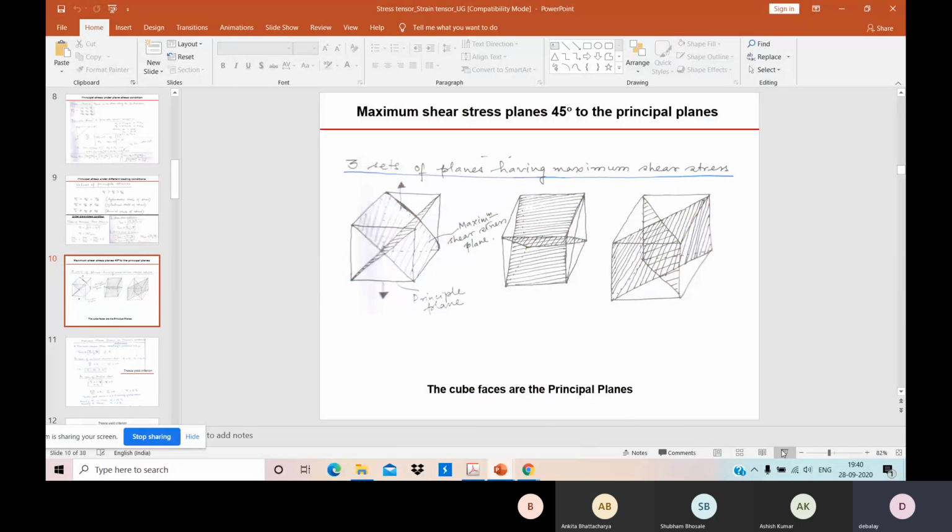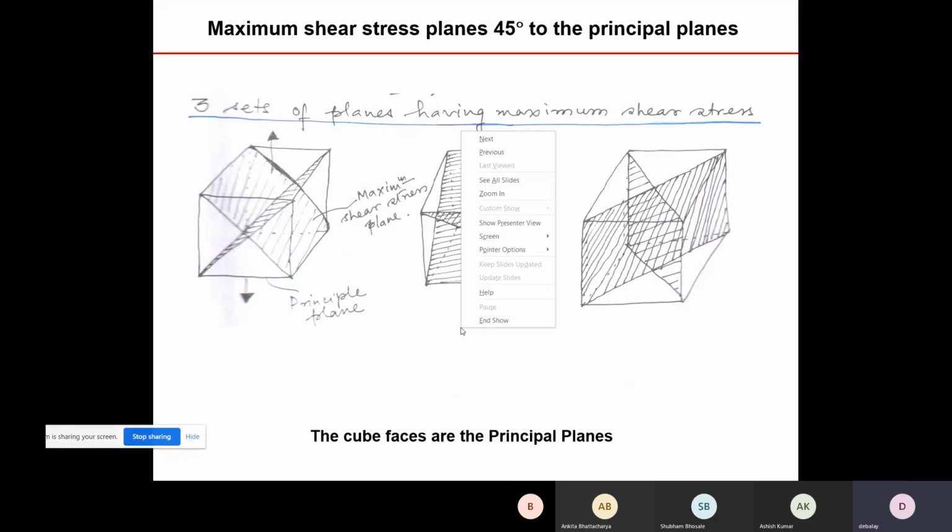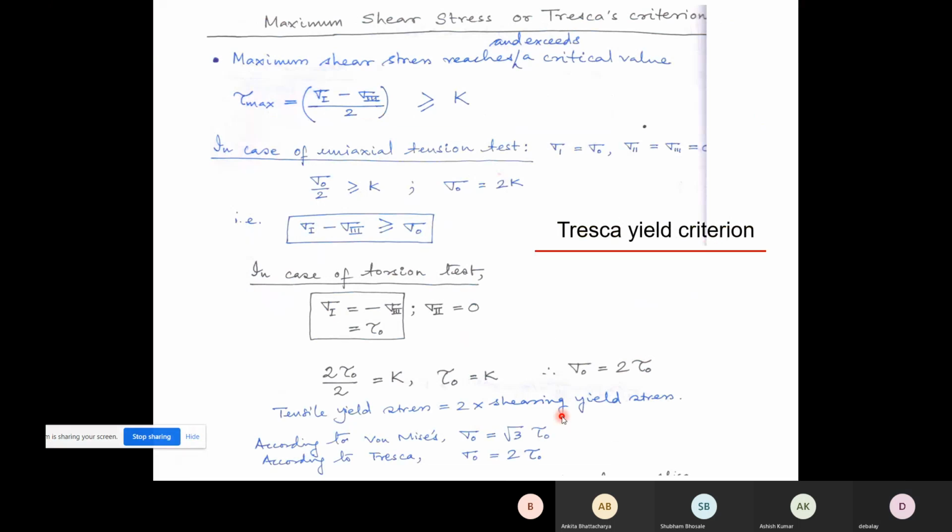Coming back to the presentation, the 3 sets of maximum shear stress planes with respect to the principal planes are shown nicely, at 45 degrees. Tresca's criterion is written. I have not talked about torsion. We know the generalized expression in Tresca is sigma 1 minus sigma 3 greater than or equal to sigma naught. What is the loading in case of torsion?